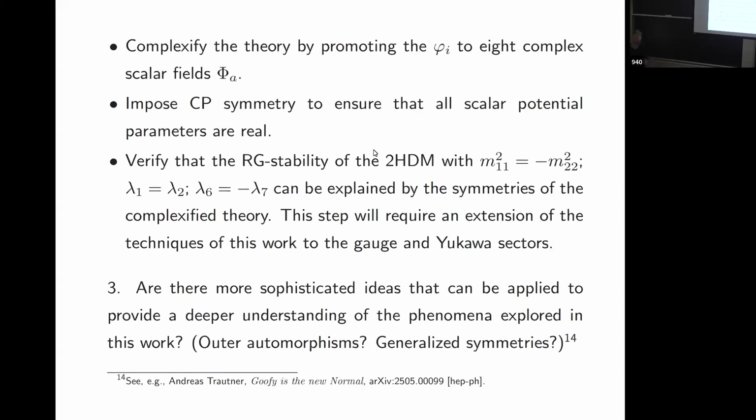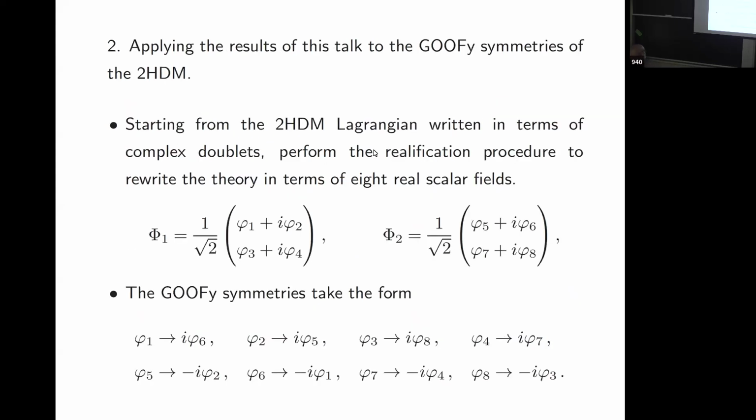I haven't thought of any example of that. So the answer is I don't know. I mean, the reason why I thought about complexification was precisely because this is what inspired me to think about complexification.